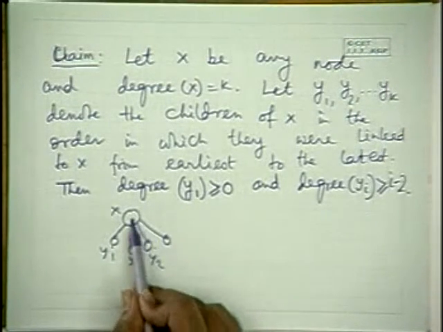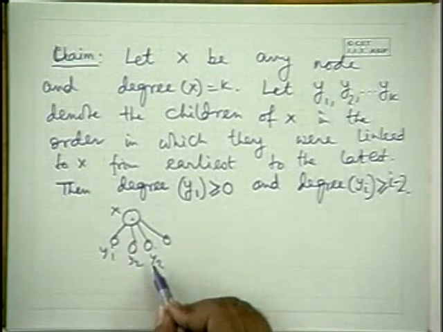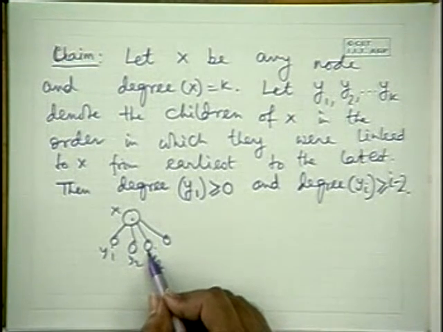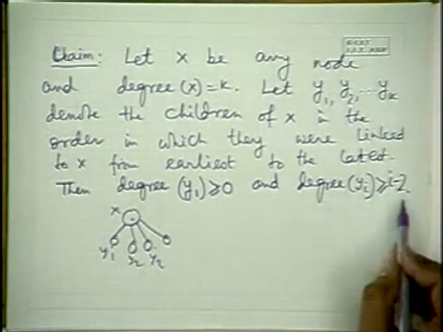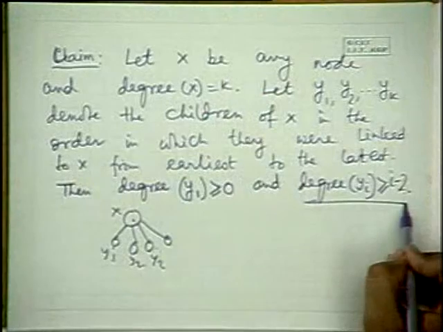Then the claim is y3 must have degree greater than or equal to 3 minus 2, which is 1. Can you see why it is true? Because the degree will grow by your third step there in the linking operation, and the linking operation will always put same degree nodes as one child under the other. So that's why this is going to be true.